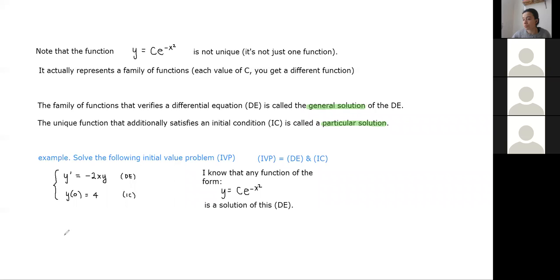So I have y of 0 has to be equal to c times e to the minus 0 squared, which is equal to c times 1, which is equal to c. And I know that y of 0 has to be equal to 4, which means that c is equal to 4.